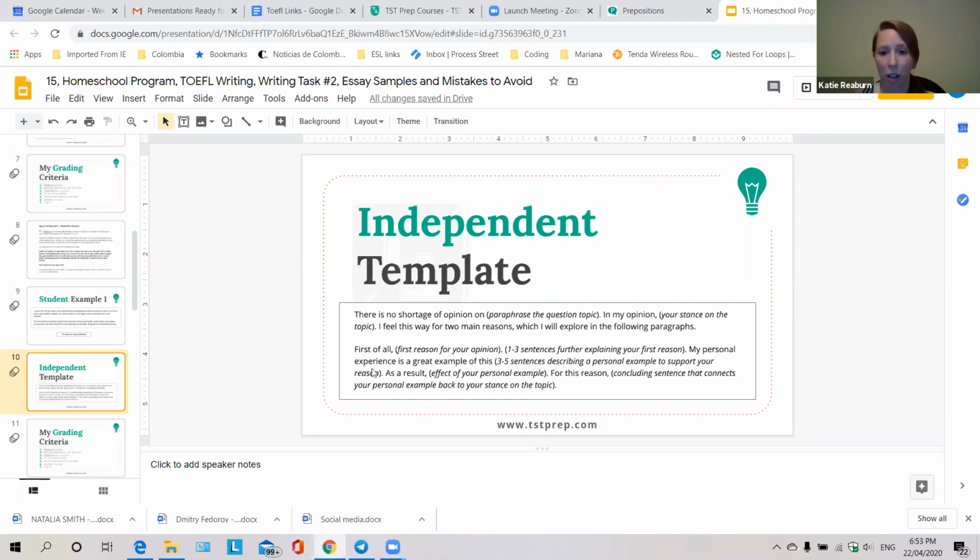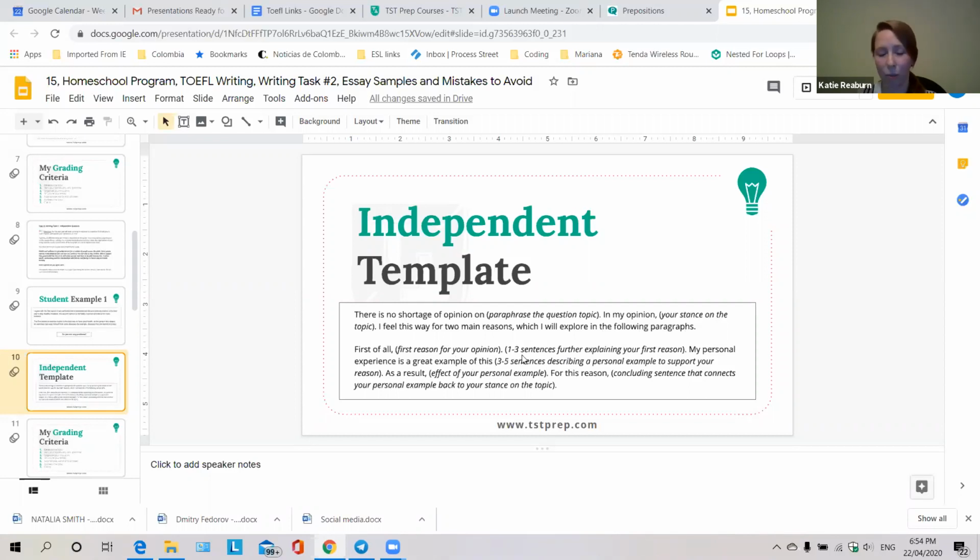Looking at this first paragraph, we need to state our reason first of all, then we're going to further explain it. You might think that in your first sentence it's very clear that people should definitely understand you from that and you don't need to say anything else. Well, it's not about whether you need it, but you should do it because we want that development. You should be able to make it a bit more specific in these sentences, or 1 sentence to 1 to 3 we have here.